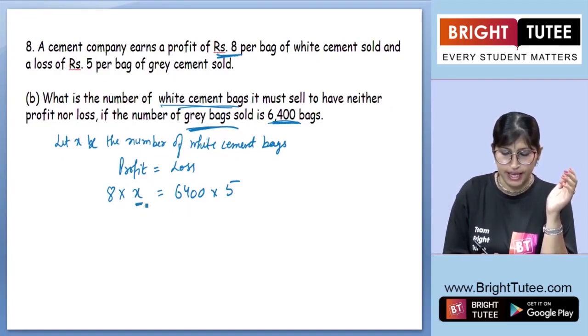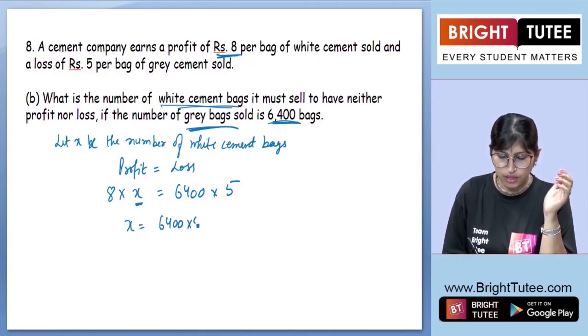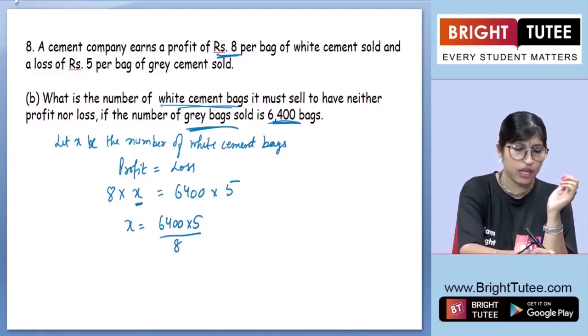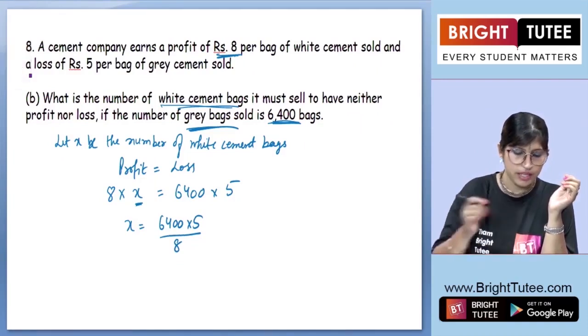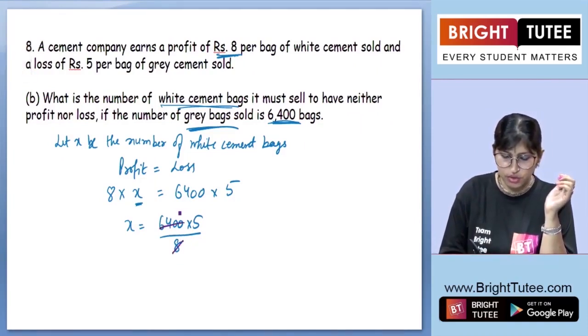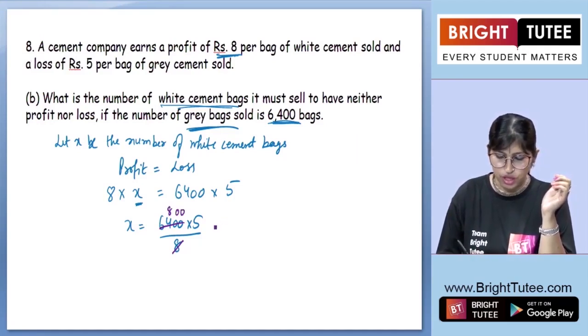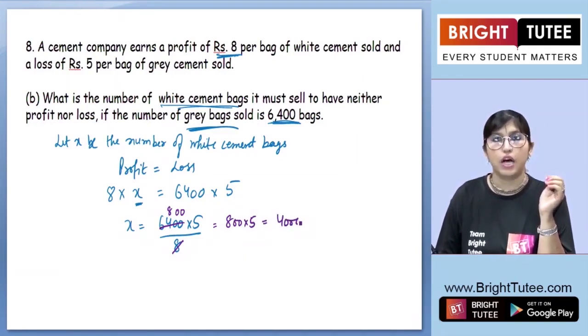Now we need to find X, so we get 6,400 times 5 upon 8. As we have multiply on one side, we make it division. If we cancel, 8 times 8 is 64, and we take 2 zeros. Now we are left with 800 times 5, which is 4,000.